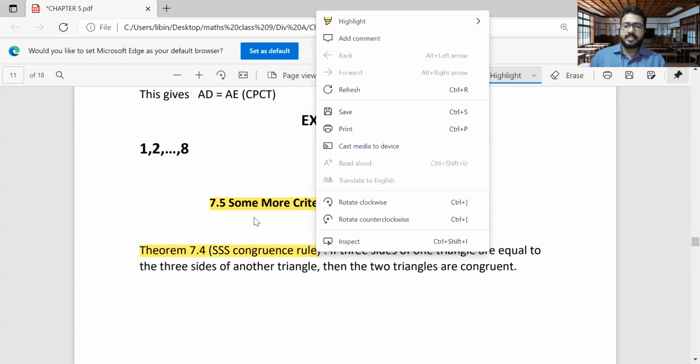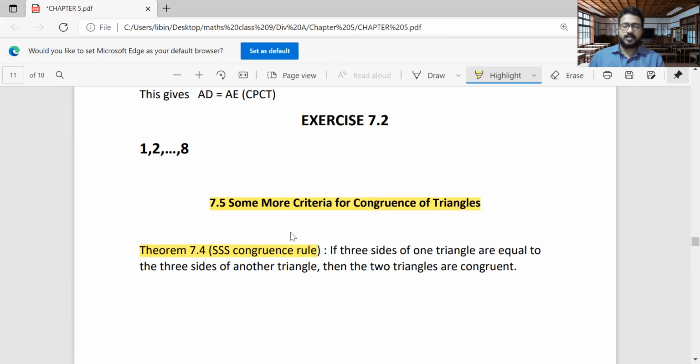As you can see, the S corresponds to the side. If three sides of one triangle are equal to the three sides of another triangle, then the two triangles are congruent. I think it is so easy to do.